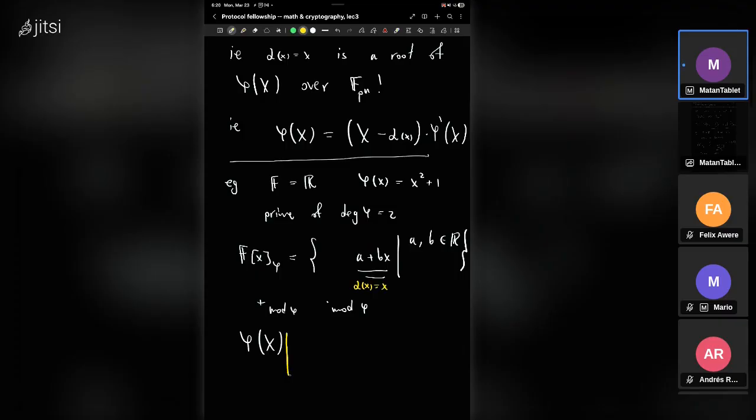Instead of big X, I substitute alpha x. I get x squared plus 1. And x squared plus 1 is equal to 0 modulo x squared plus 1.